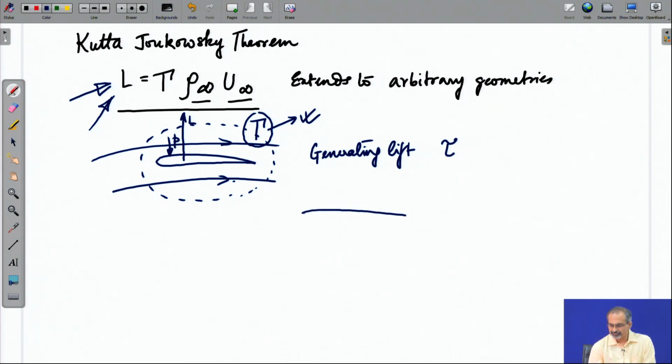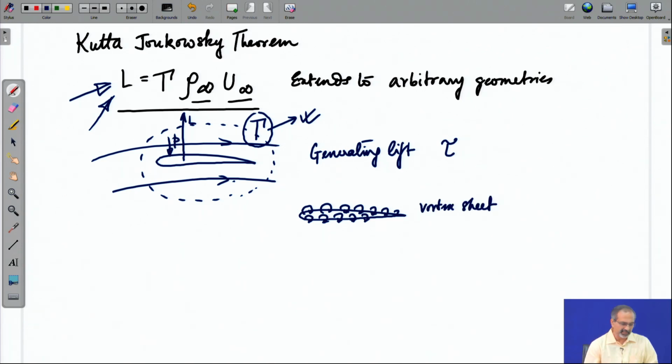Now, we can conceive gamma as a single vortex placed at some convenient point on the airfoil, or in the form of a discrete set of vortices distributed along the surface of the airfoil in the form of a vortex sheet.